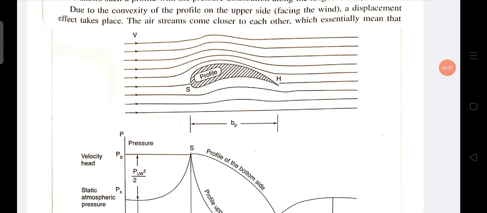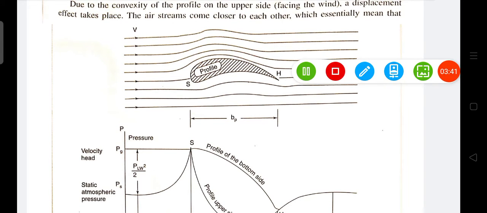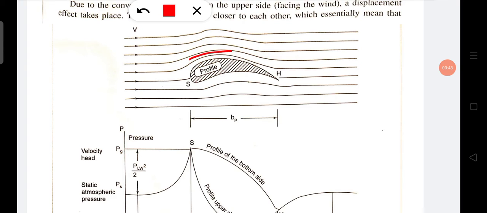So due to the streams being closer, low pressure is created on the upper side, and a vacuum-like situation is created on the upper side, and similarly on the downside.